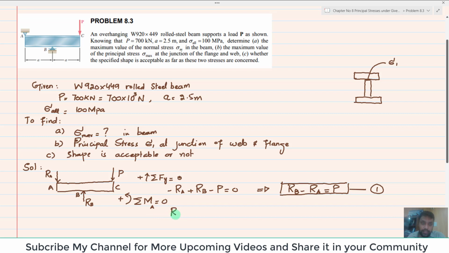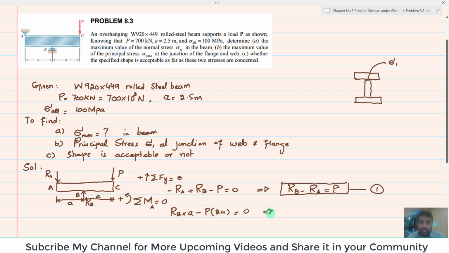So RB into the perpendicular distance, which is given as A. This is A. So RB into A is counterclockwise, so it will be plus. The second force producing moment about point A is P, and this is clockwise, so it will be minus P into the perpendicular distance. This is A and this is A, so it will be 2A. So P into 2A is equal to 0.